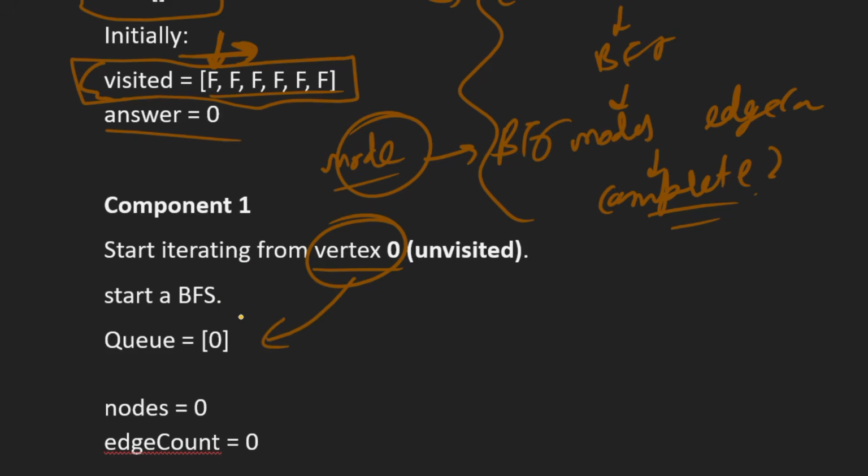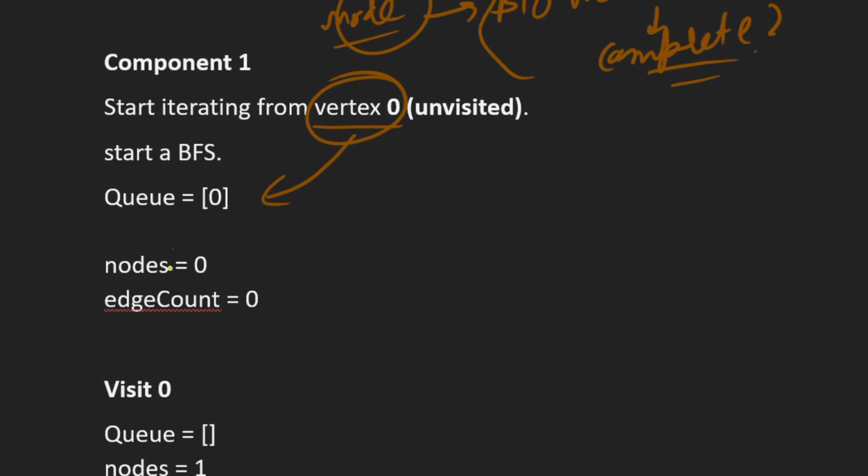So we push the node 0 into the queue, and as we see, our number of nodes is 0 initially, and edge count is 0. So now initially our queue has node 0. So first we visit node 0.